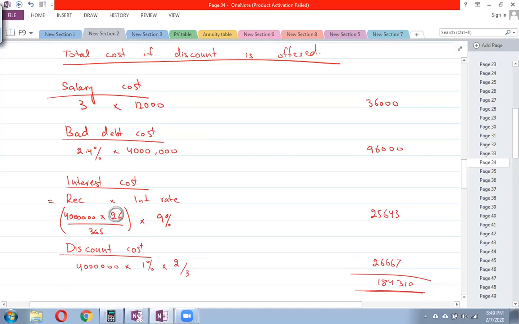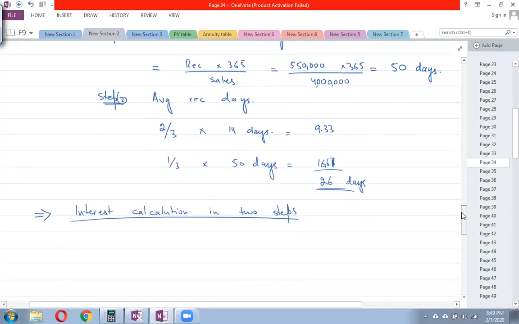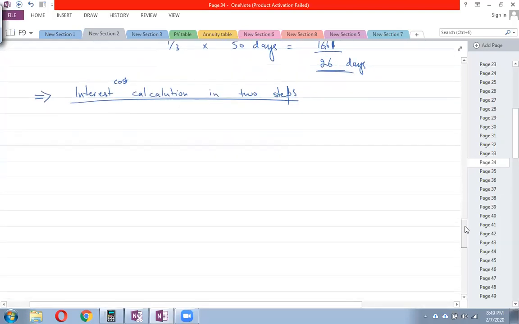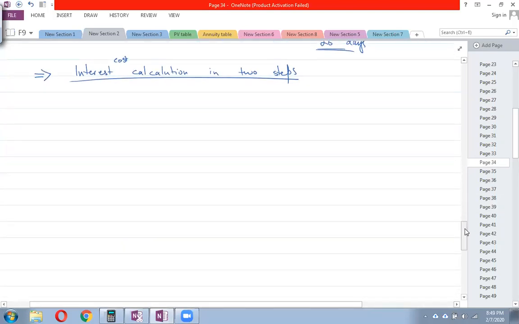So on average, people are paying us in 26 days. But now we can see that some customers are paying in 14 days and some customers are paying us in 50 days. So can we calculate the interest cost separately? Let's do it separately in two steps.